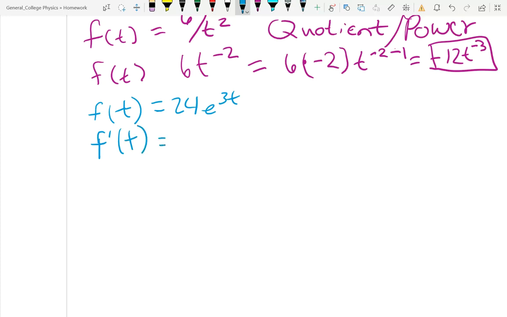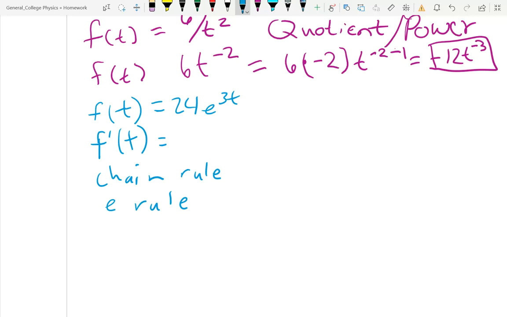I used a combination of the chain rule and the e rule. I'm not sure what that's called.